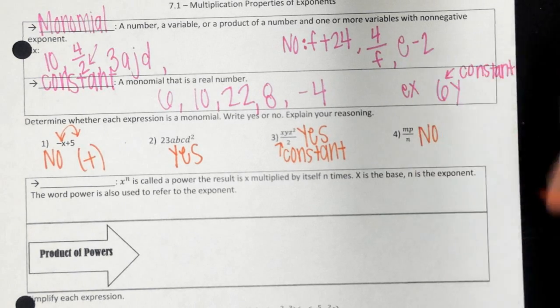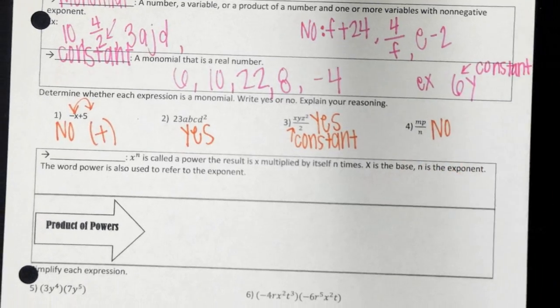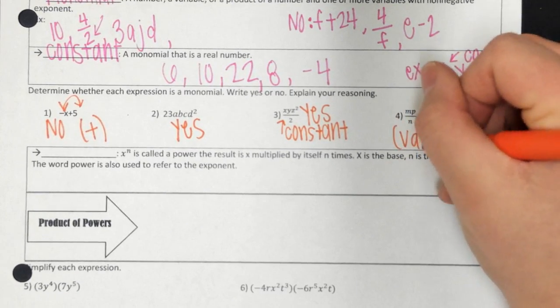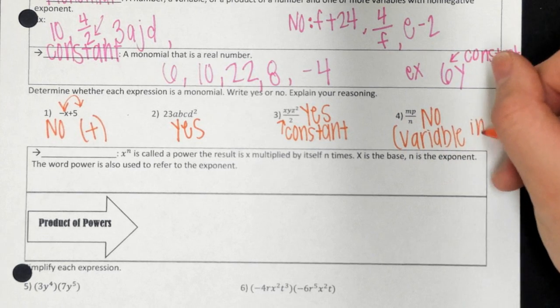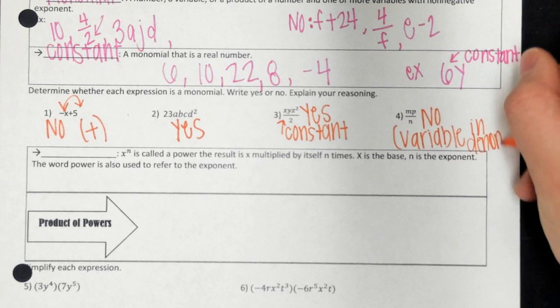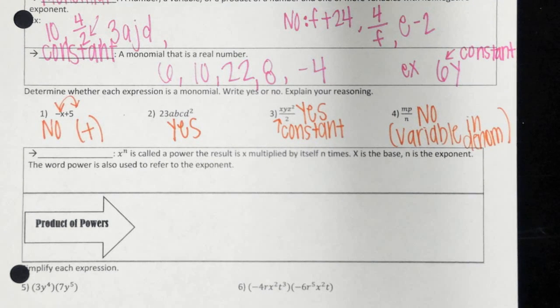No. And that is because there's a what in the denominator? Variable. There's a variable in the denominator. Good job. So that is determining between a monomial and not being a monomial.